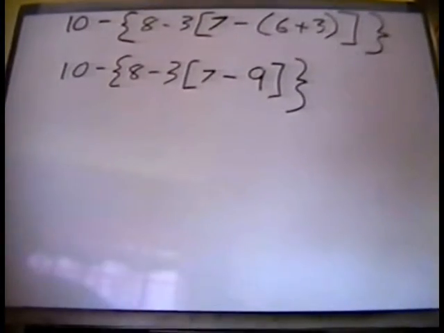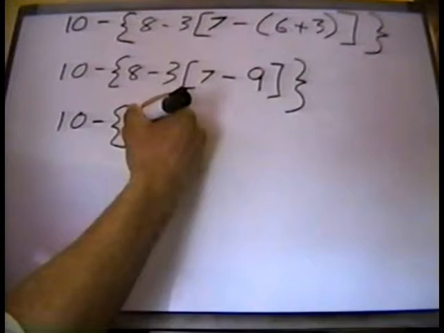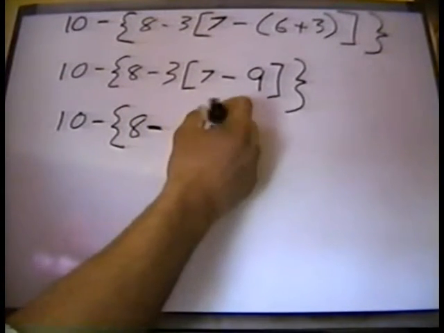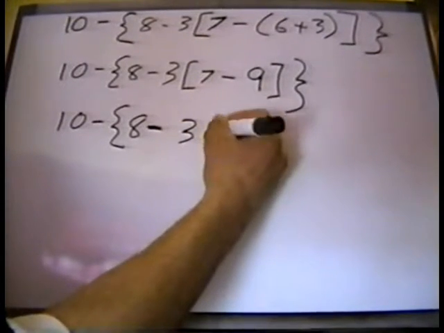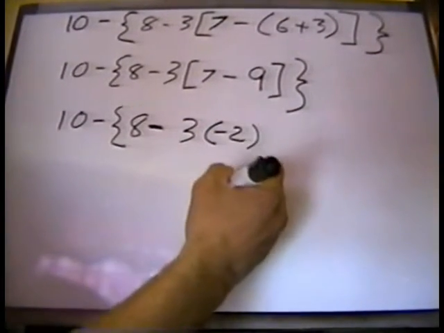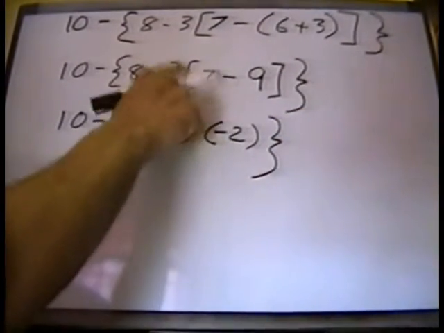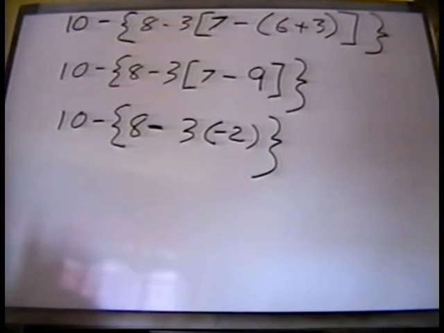Okay? So you get 10 minus the same set of numbers. So that's a -2. You get 3 times the -2. Okay? Because here we're multiplying, remember? 3 by the -2.